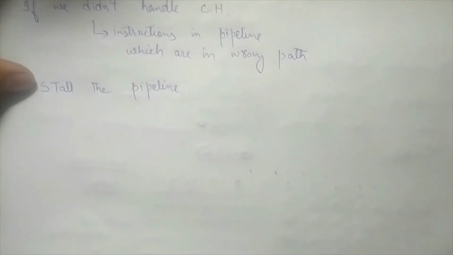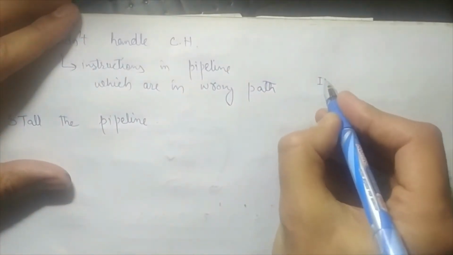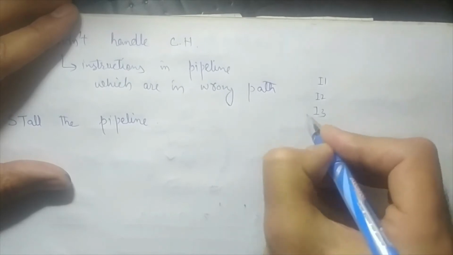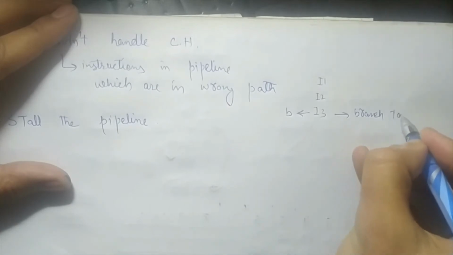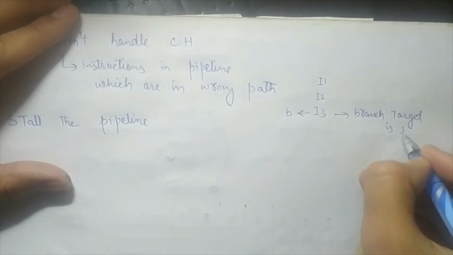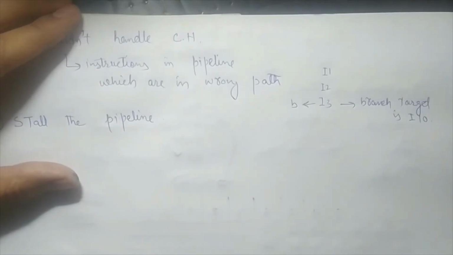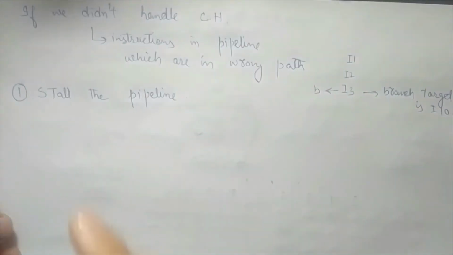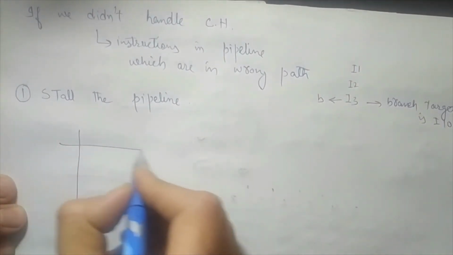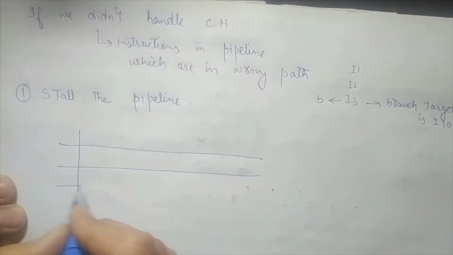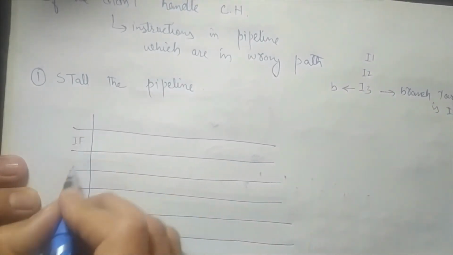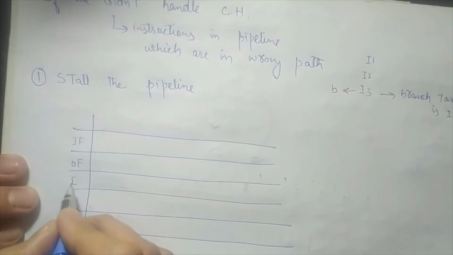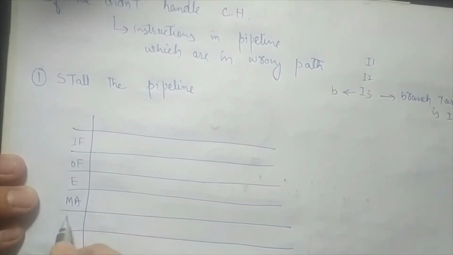Let me make a pipeline diagram again: instruction fetch, operand fetch, execute, memory access, and write back.